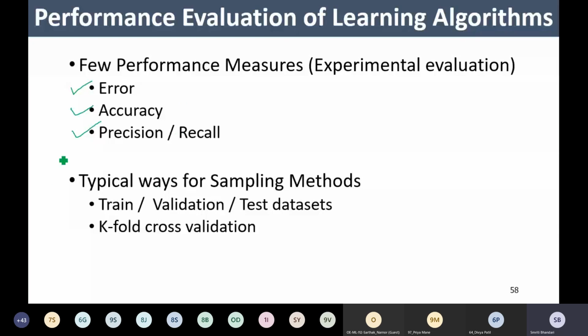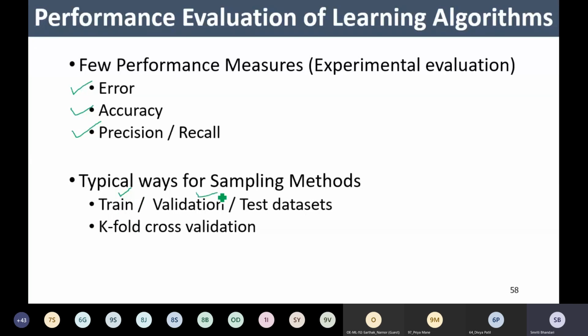Also, while performing the experiments, we need to follow certain sampling methods. And what are those sampling methods? We may have the train set, by making use of which we are going to train our model, right?